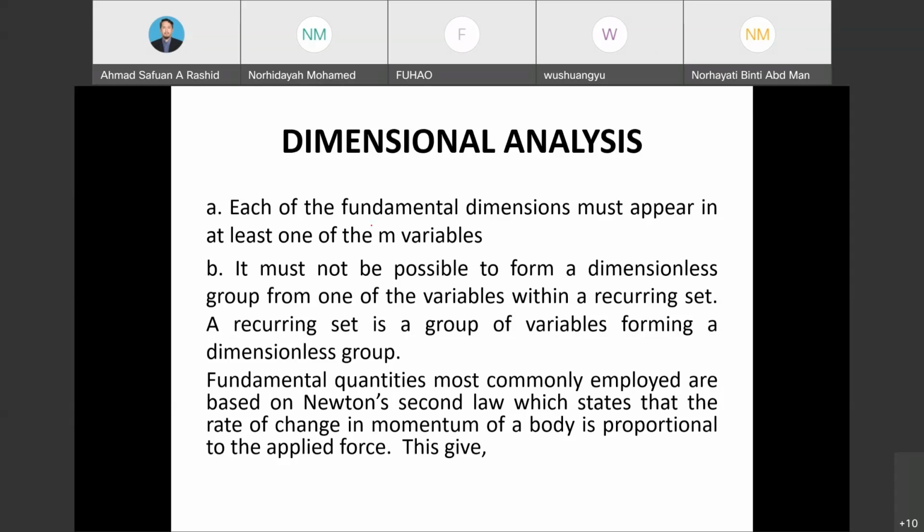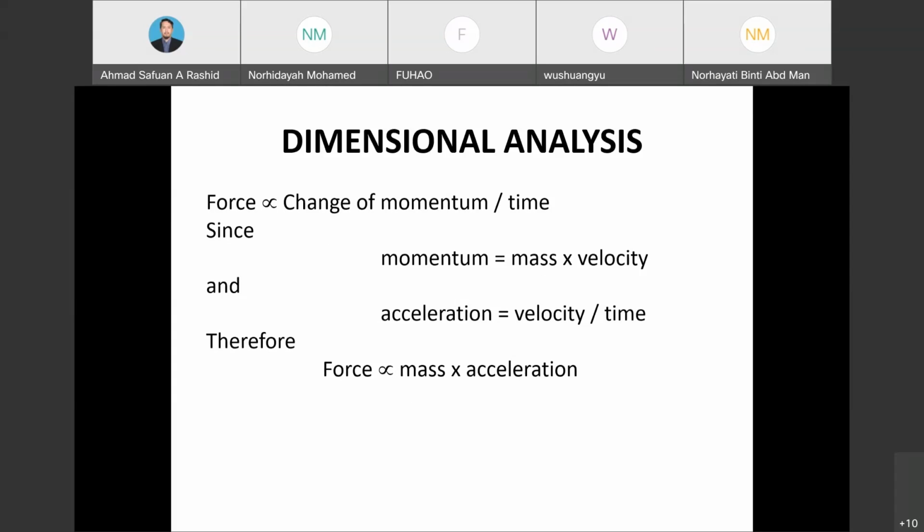The fundamental quantities most commonly employed are based on Newton's second law, which states that the rate of change in the momentum of a body is proportional to the applied force. So based on Newton's second law, in terms of how to get the primary dimensions, we refer to force equals mass times acceleration, which is F equals MA.